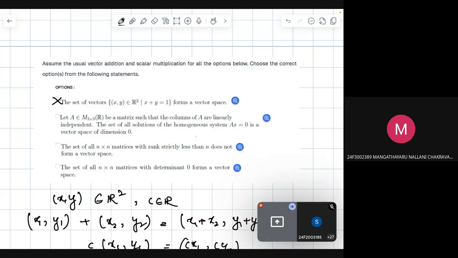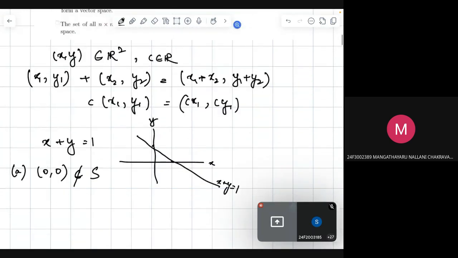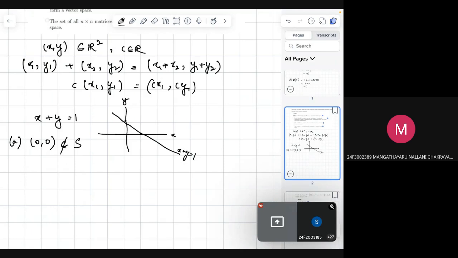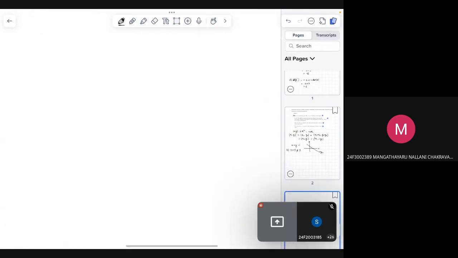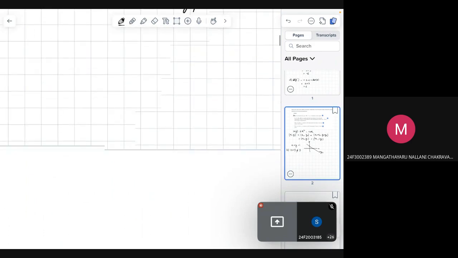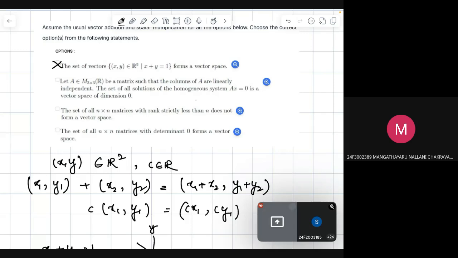Okay. So the next one says, let A be a 3 by 3 matrix such that the columns of A are linearly independent.